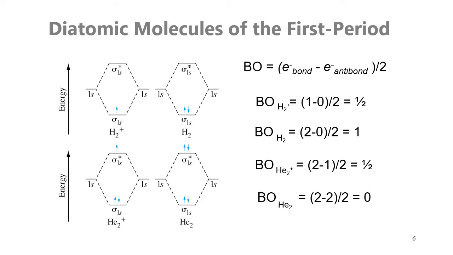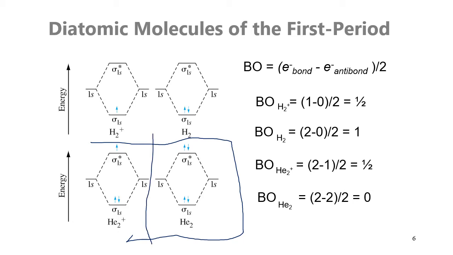So this is how we determine the bond order. Take an example for He2. The number of electrons in bonding is 2 minus the number of electrons in anti-bonding, which is 2. So divided by 2, which is 0.